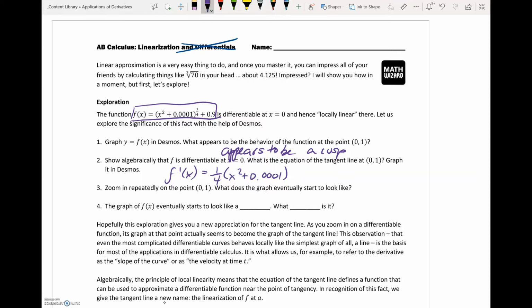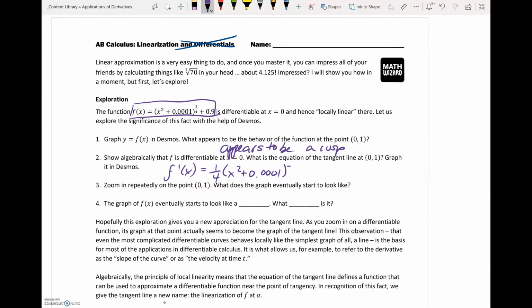We're going to use the chain rule, and if we rewrite this, it's going to look like a fraction, a rational. So that's what our derivative would look like.